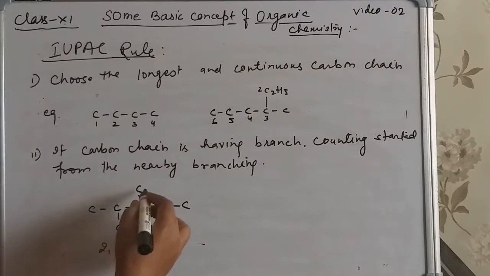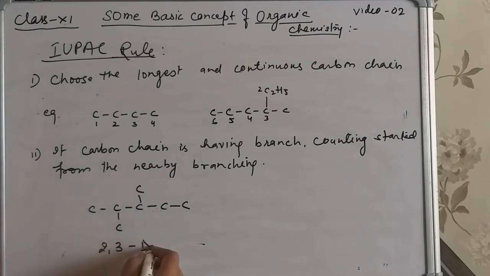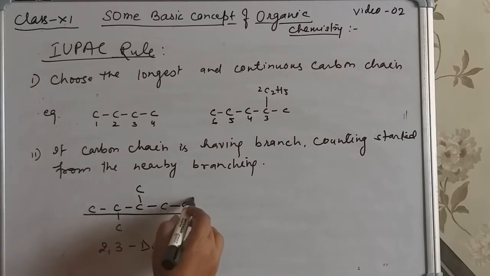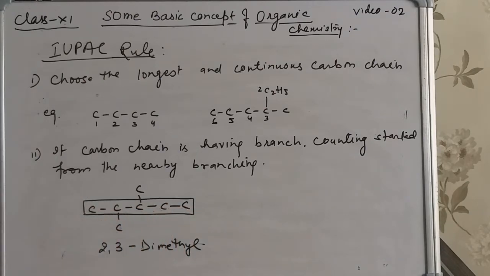This is methyl and this is also methyl. So dimethyl, and the parent chain contains carbon 5. So pent, and all single bonds are present, so an is written here. So 2,3-dimethyl pentane.